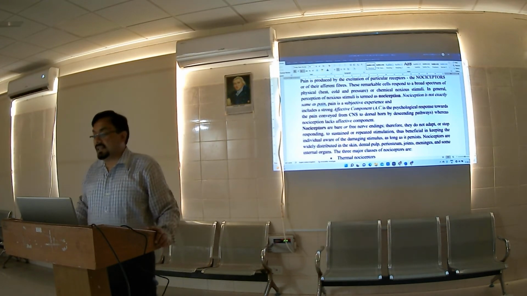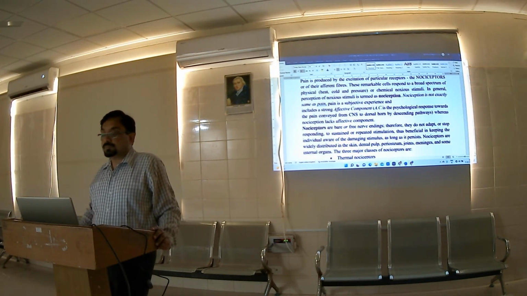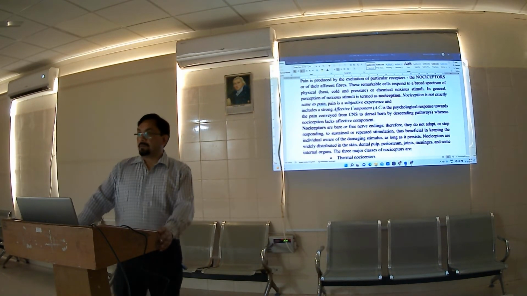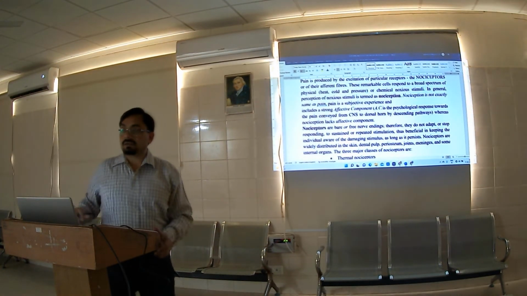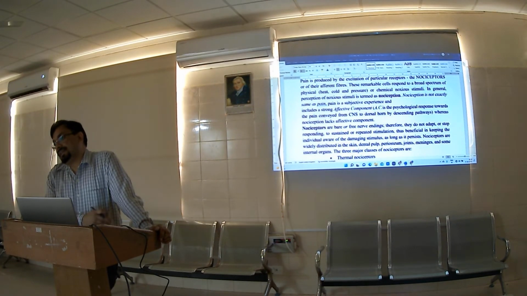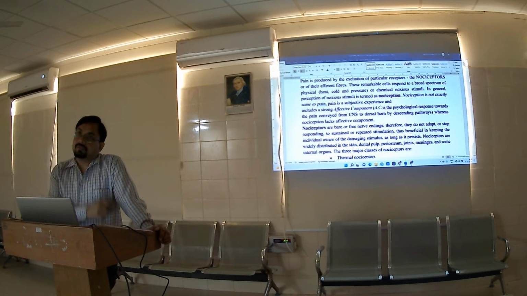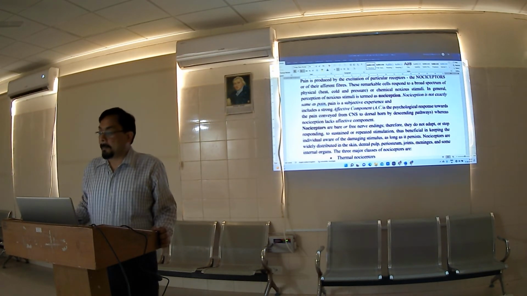These remarkable cells respond to a broad spectrum of physical and chemical stimuli. So the physical stimuli, heat, cold and pressure, are also utilized for the development of the screening of various animal models towards the analgesic activities.